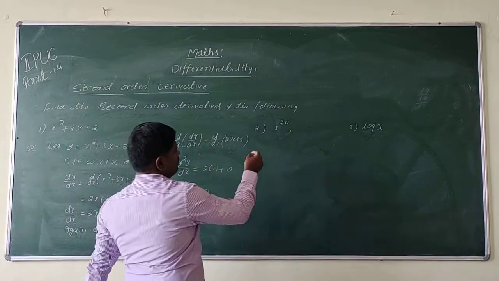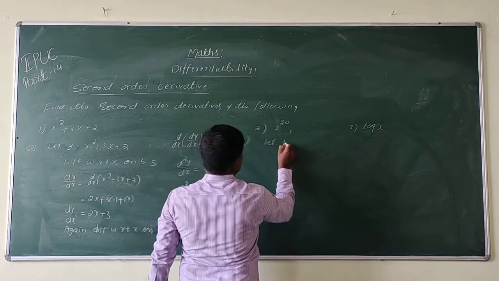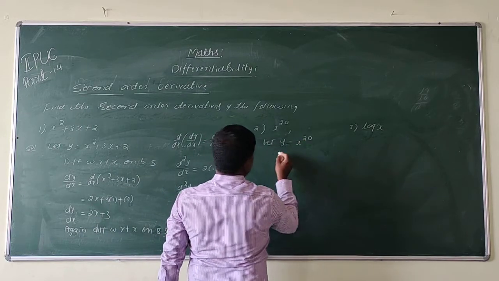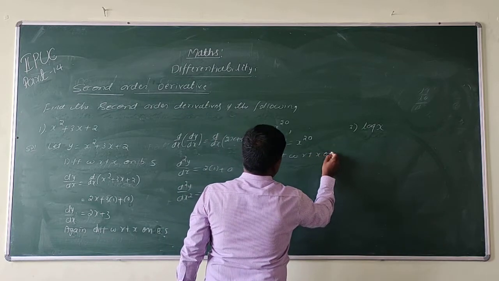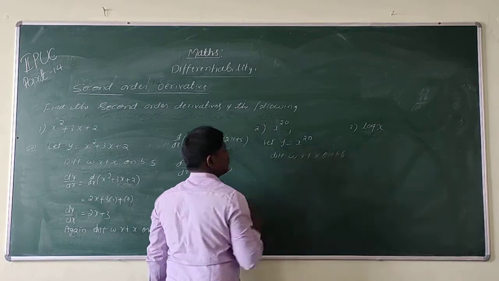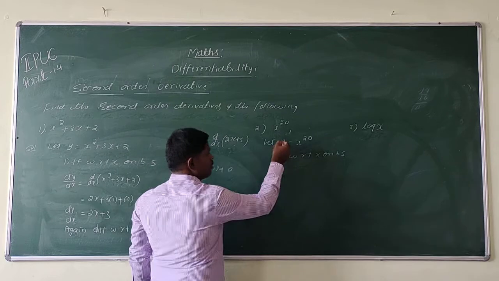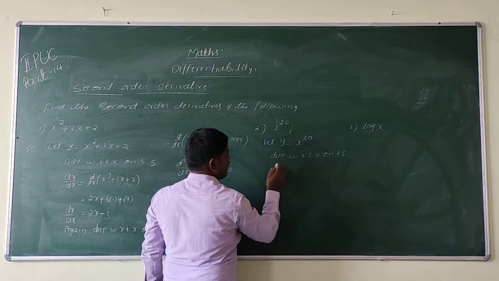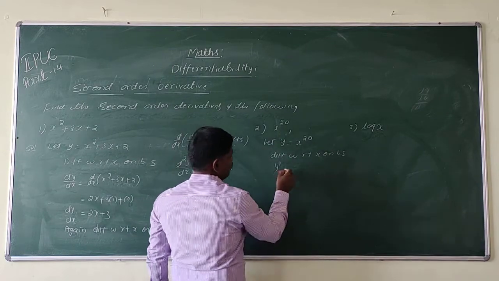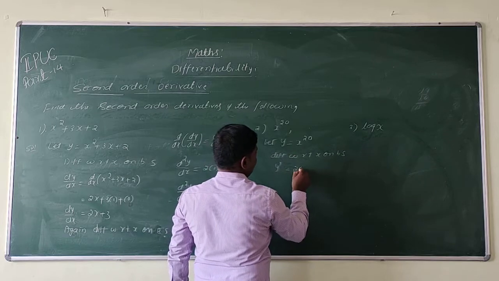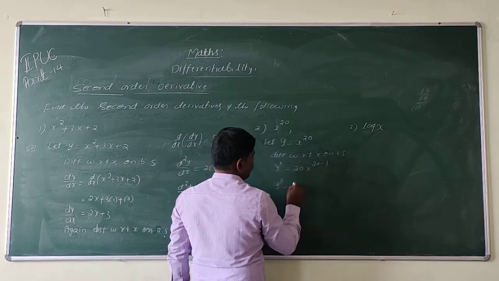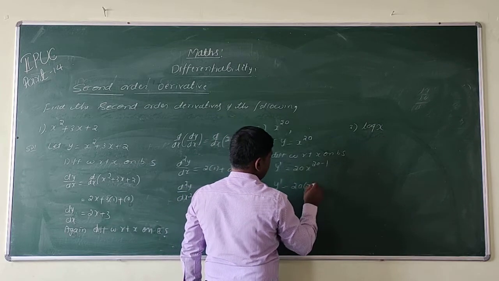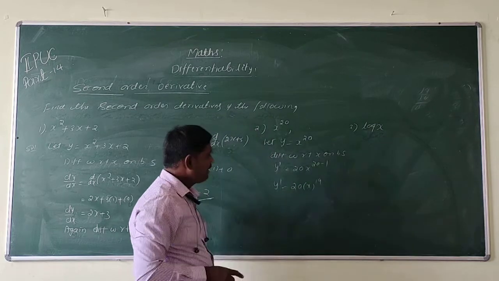Similarly, the second problem. Let y is equal to x to the power 20. Differentiate with respect to x on both sides. By the formula, y dash is equal to 20 into x to the power of 20 minus 1, that is y dash is equal to 20 into x to the power of 19.